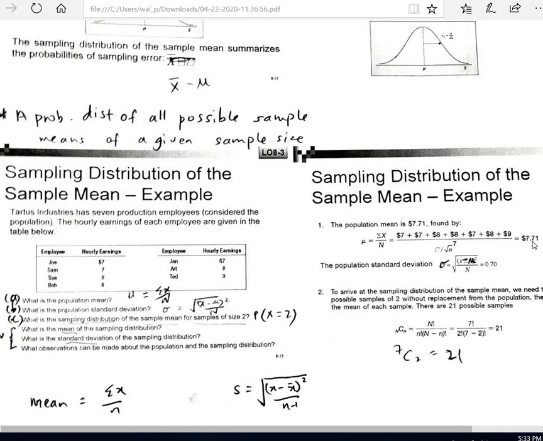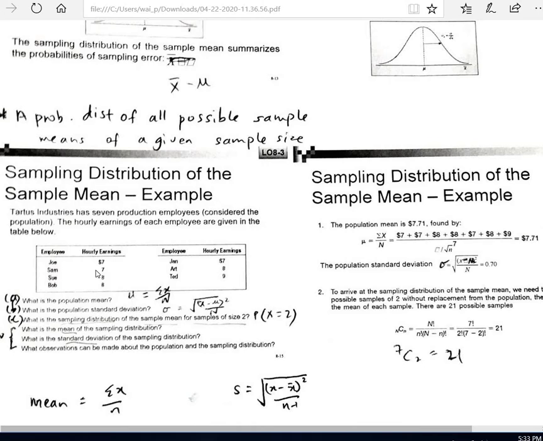Next, what is the population standard deviation? For the population standard deviation, we can use this formula: square root of summation x minus mean squared, divided by n.